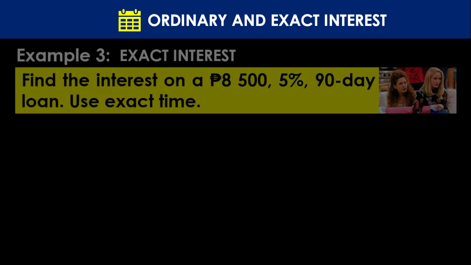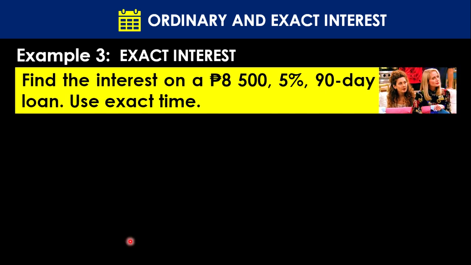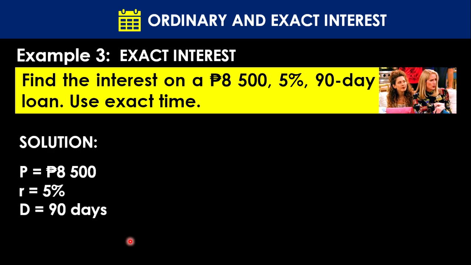How about if we're after the exact interest? Find the interest on an 8,500 pesos, 5%, 90-day loan, using exact time. Here we have P as 8,500 pesos, the rate of 5%, and D as 90 days.